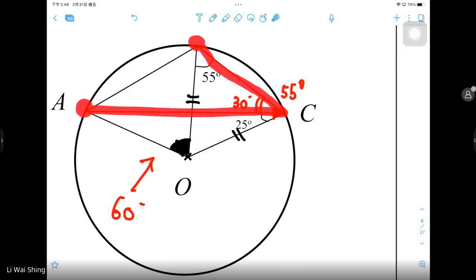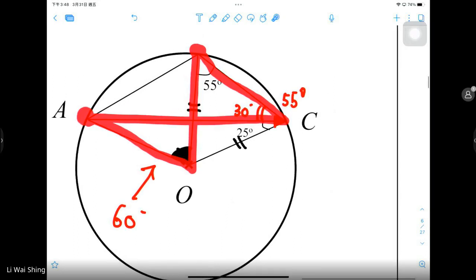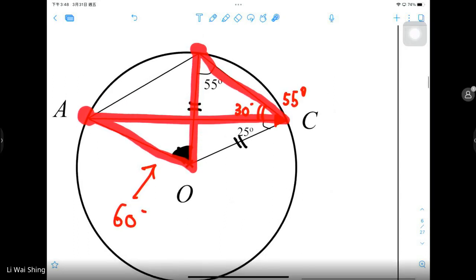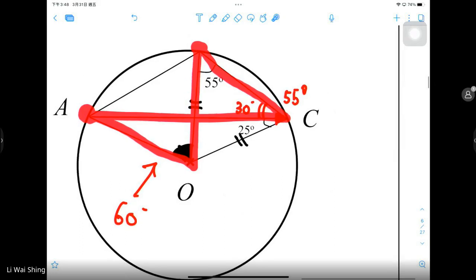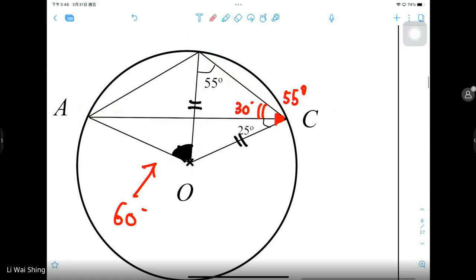A and B are the starting points, right? From these two starting points, pointing towards the center, you can draw this shape. Alright, so you can see that they are angle at center and angle at circumference. So it must be 2 times 30 degree. Done.